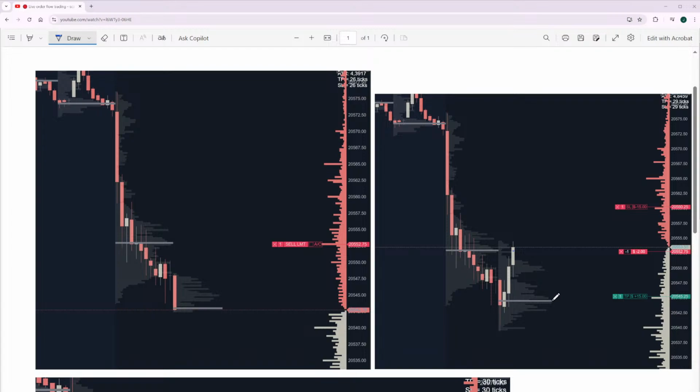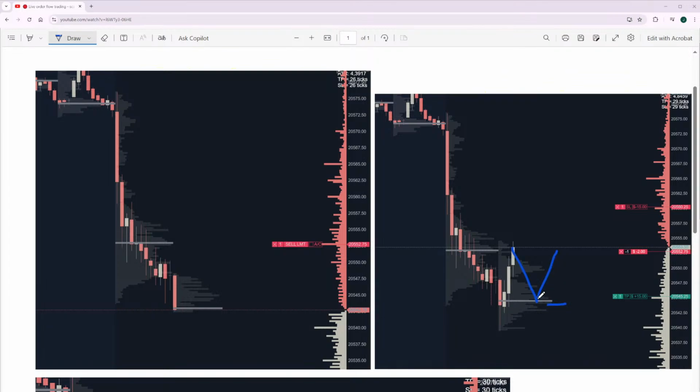Now, we don't know if that buyer is going to be there again once price comes down there, but because I'm scalping and I'm in and out most of the time in less than a minute, I just don't want to risk it. It's frustrating when price comes down and I see there is resistance, and I'm greedy and I put it just one tick below, like let's say I have it here, and price comes down to this volume and then goes back up.